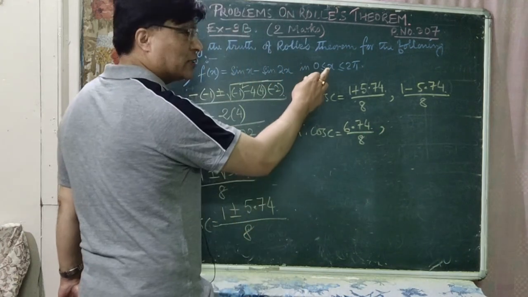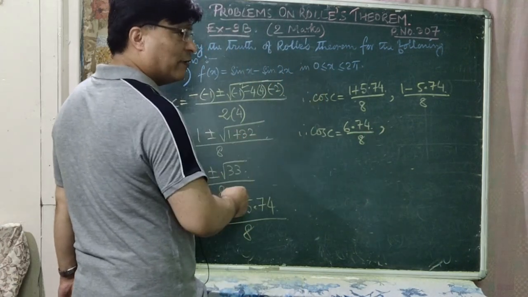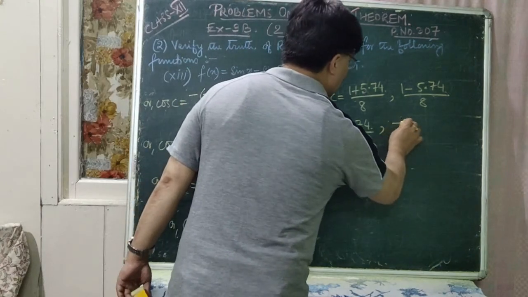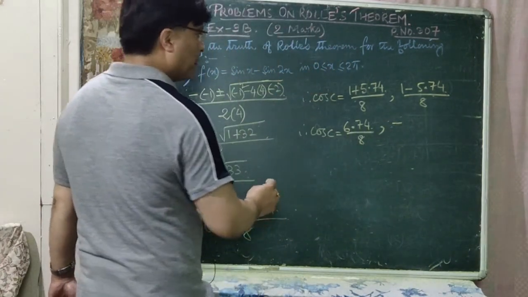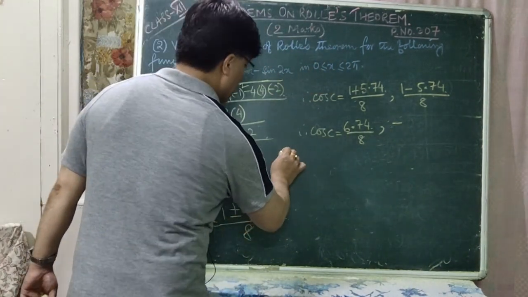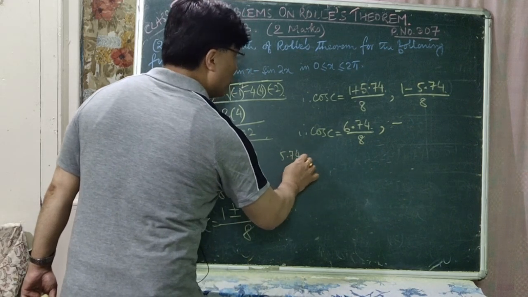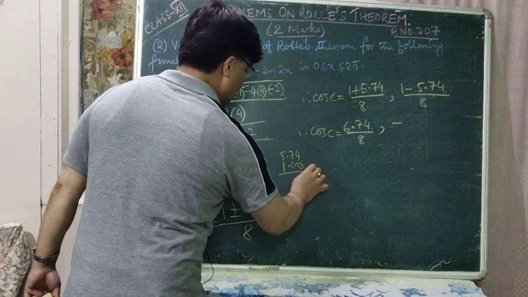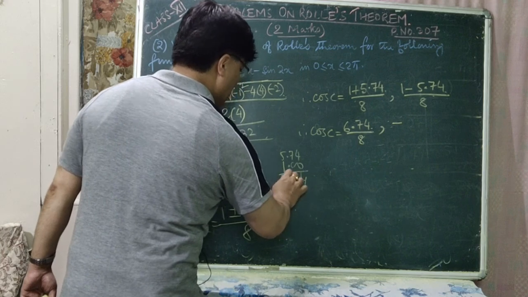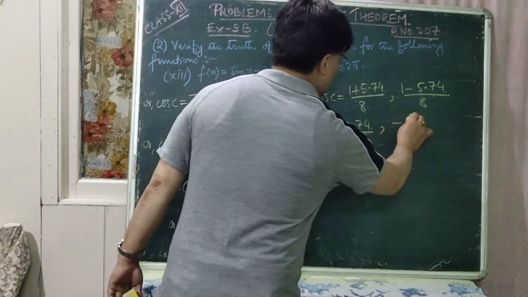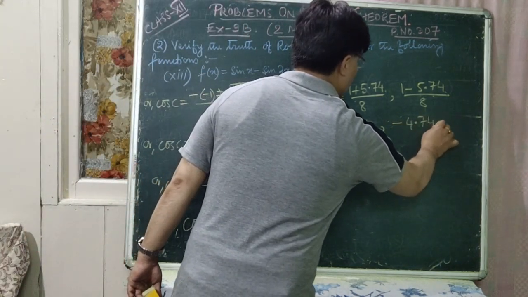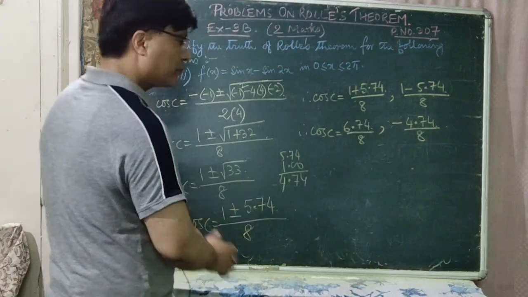And for the next one, because these are of different signs, you subtract them and write down the sign of the greater number. If we subtract, what do we get? Minus 4.74 divided by 8.